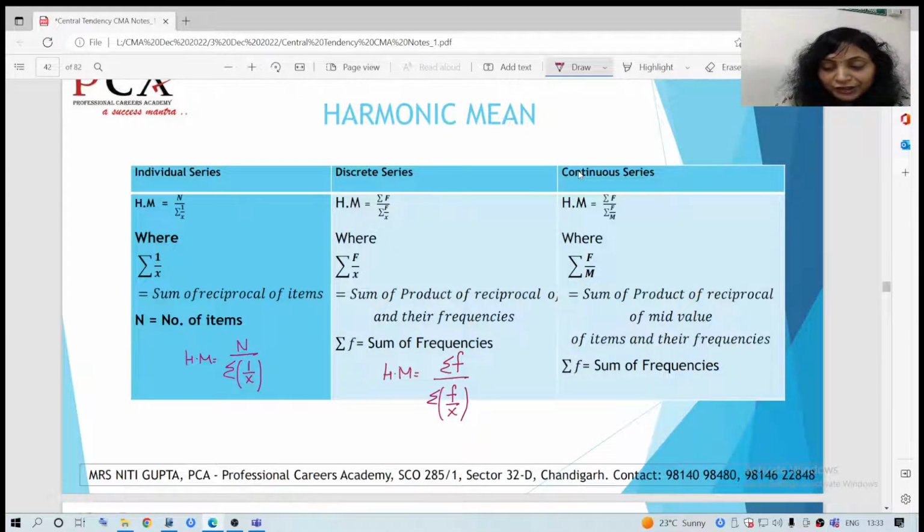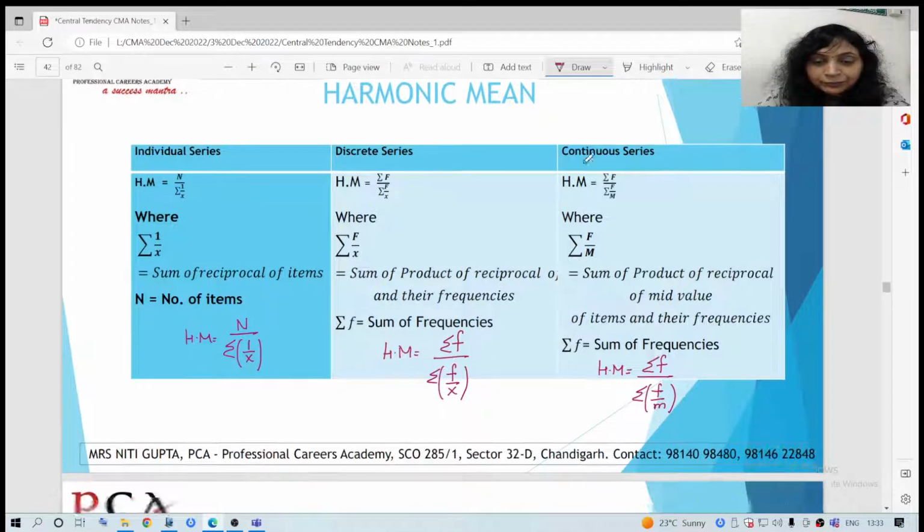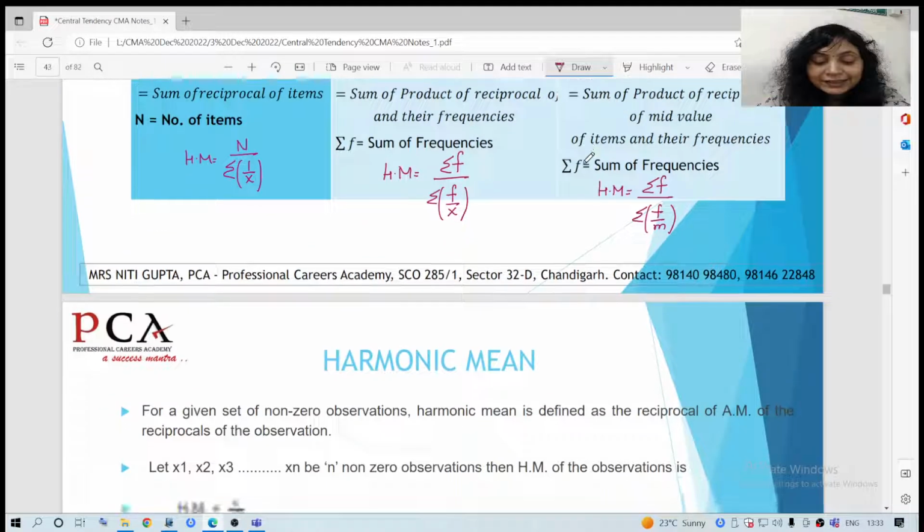In a continuous series, where instead of x we have the mid value, the formula is summation f upon summation f upon m. These are the formulas of harmonic mean in the different types of series. So let's solve questions of these series.